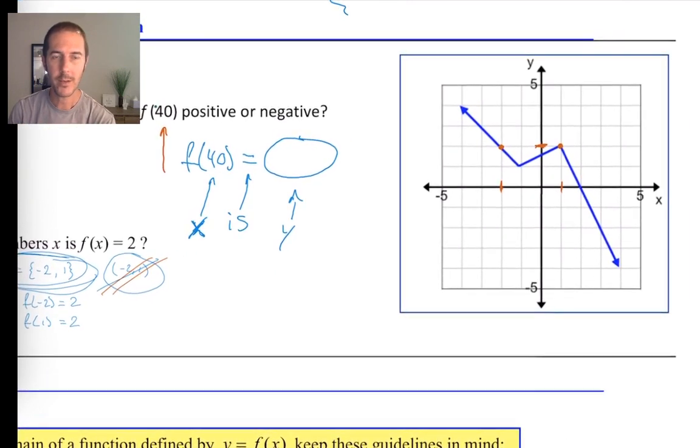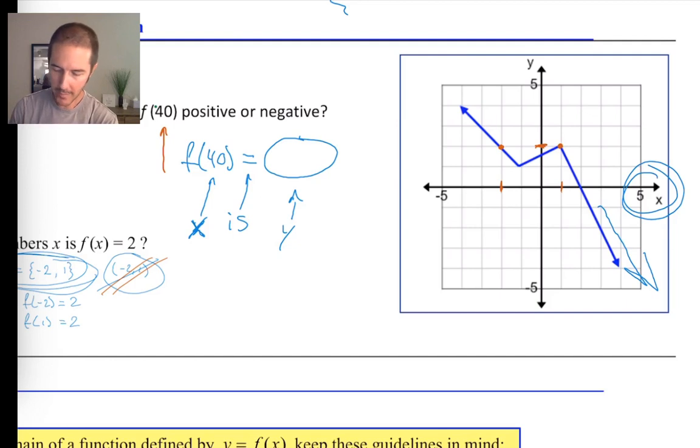Now 40 is not on this graph as an x coordinate. Our x values are only demonstrated here going out to +5. But it looks to me like this line keeps going down and to the right. And the farther to the right it goes, the farther down it goes.